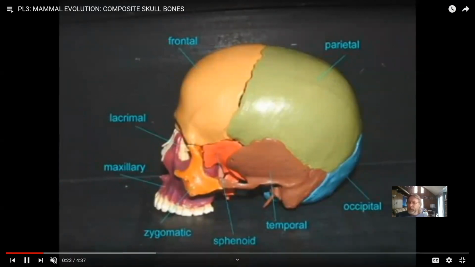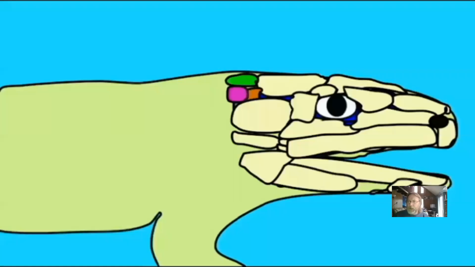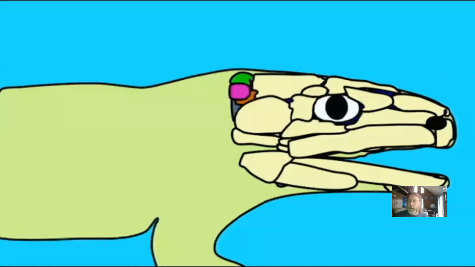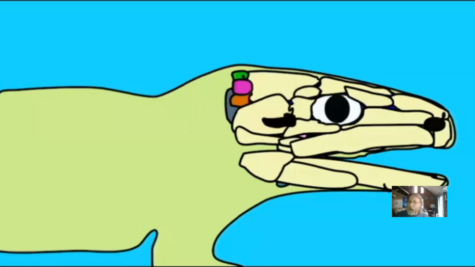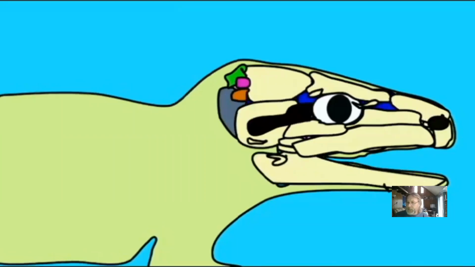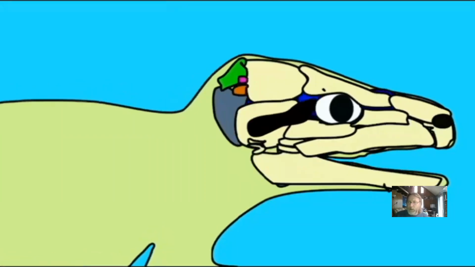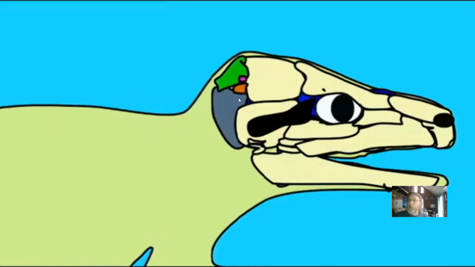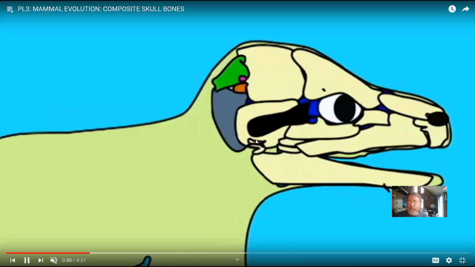The answer is that over the evolution of vertebrates, particularly as reptiles evolved into mammals, what used to be separate pieces then fused together. So the mammalian occipital bone is actually a composite bone made of fusing lots of separate pieces together, some separate elements of the dermatocranium and separate elements of the chondrocranium, fused together to form one big composite bone that starts off as little pieces.